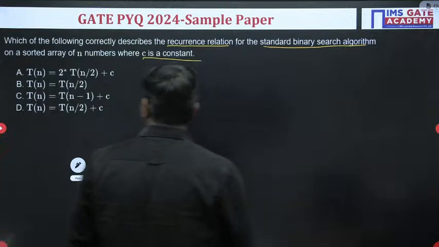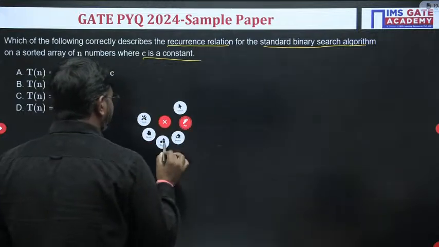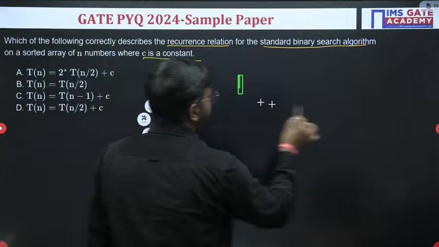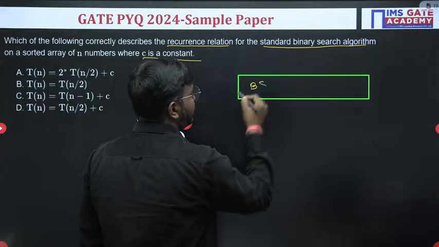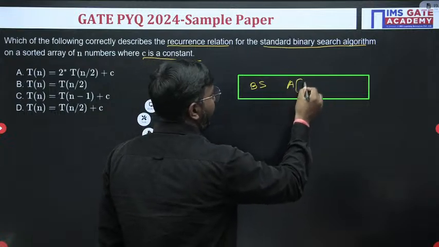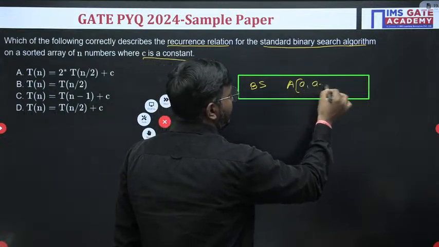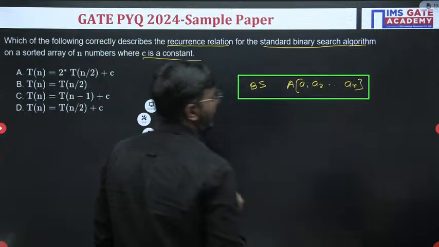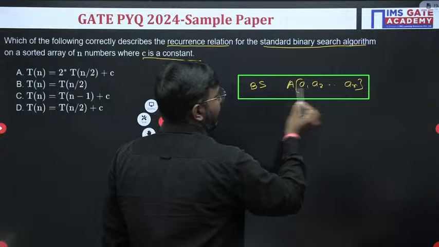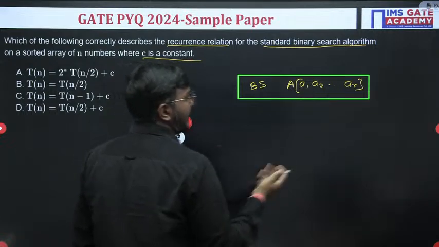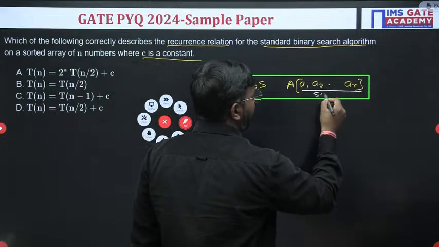See, if you observe here, I'm just going to quickly see here. If I say this is the binary search tree with the array having the elements A1, A2 up to AN. Now again we know, for the binary search, all these elements must be in the sorted order.